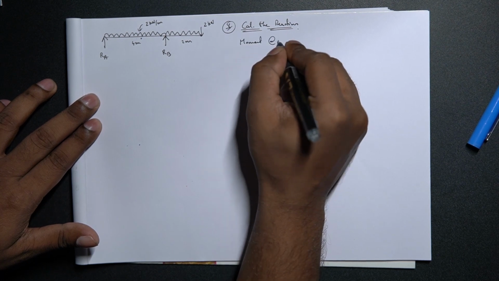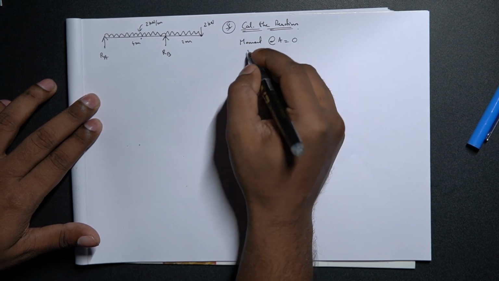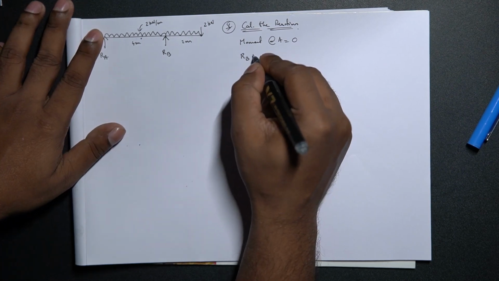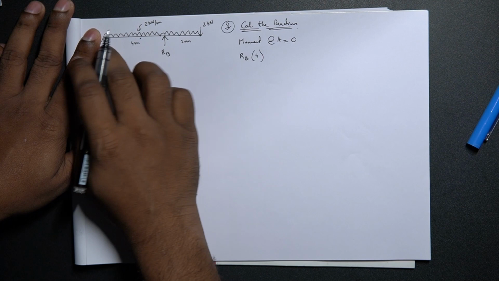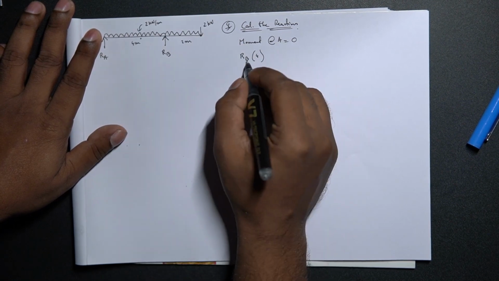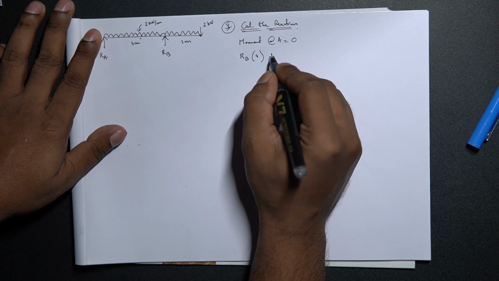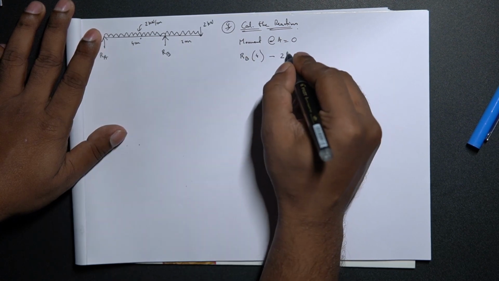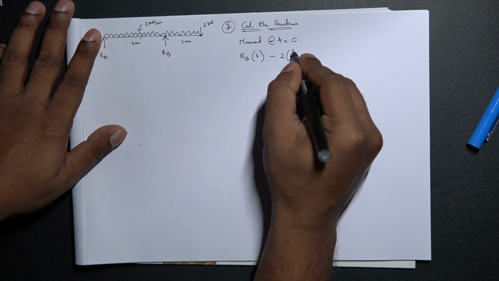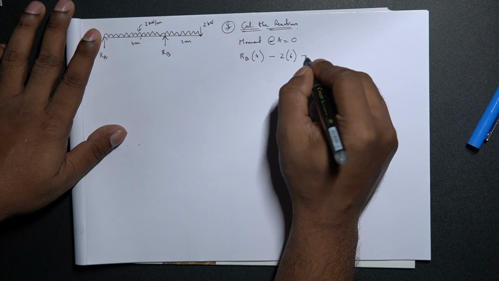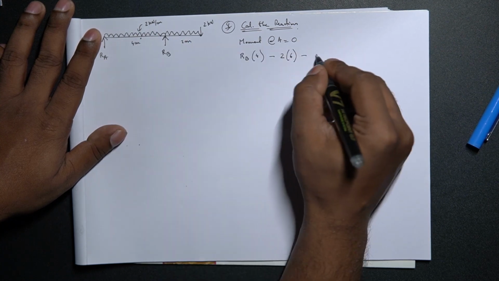Moment at A is equal to 0 in that case. RB into 4, since it's causing a positive moment, sagging, that is why it's positive, minus, I have a 2 acting all across this point, so 2 times 2 plus 4, 6, with reference to the point load. Next, I have a UDL.